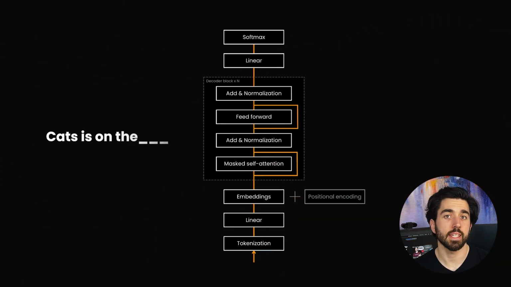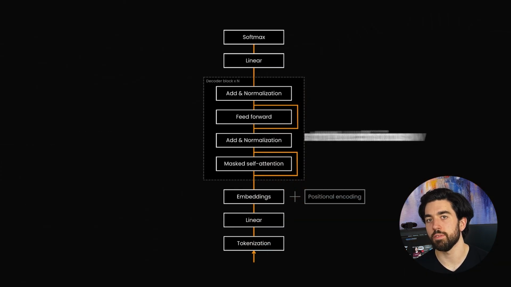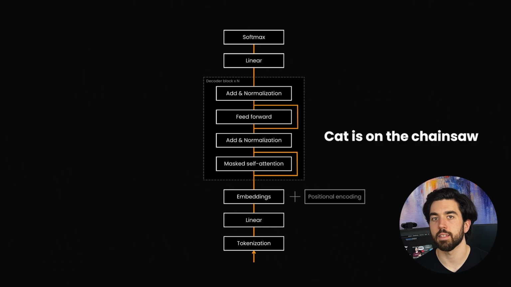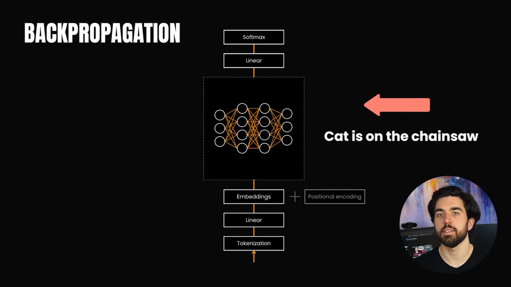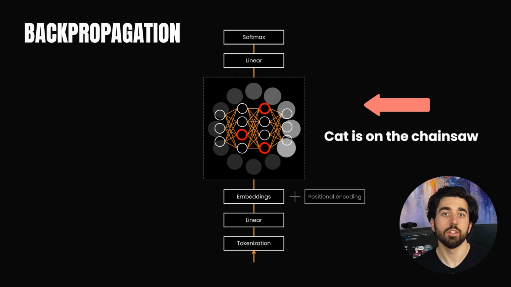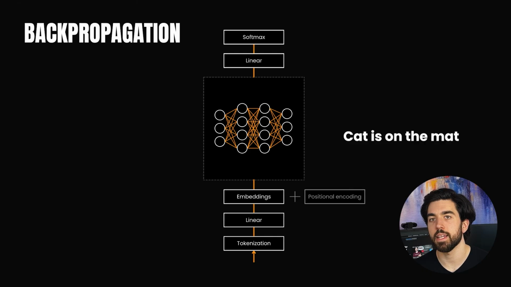Now, this guessing game alone wouldn't be very useful if the model didn't learn from its mistakes. That's where backpropagation comes in. If the model confidently says chainsaw instead of mat, we need to correct it. Backpropagation is like rewinding the decision-making process and figuring out which parts of the network led to that ridiculous answer. The worst offending parameters, the ones that nudge the model towards chainsaw, get slightly adjusted so it's less likely to make the same mistake next time.